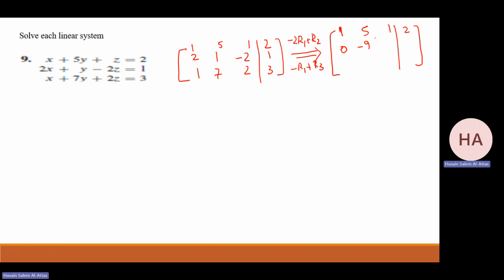Minus 2 and add, that will be minus 4. Minus 2 and add, that will be minus 3. Now, minus 1 and add, that will be 0. That will be 2. Minus 1 and add, that will be 1. Minus 1 and add, that will be 1.